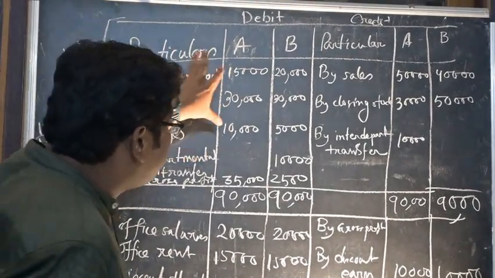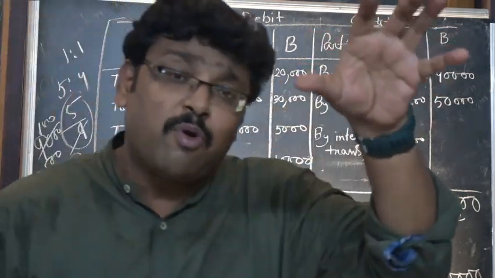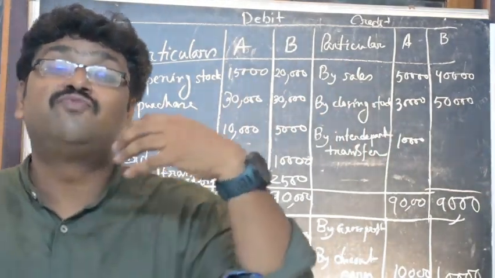Now, what will be carried forward from the credit account to the profit and loss account? It is the gross profit.